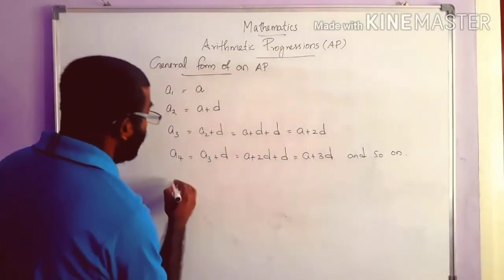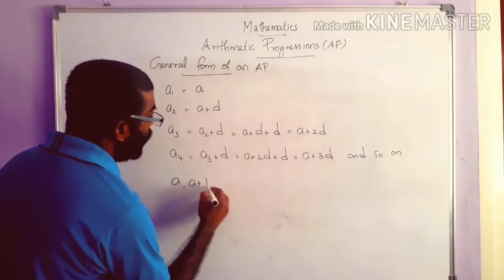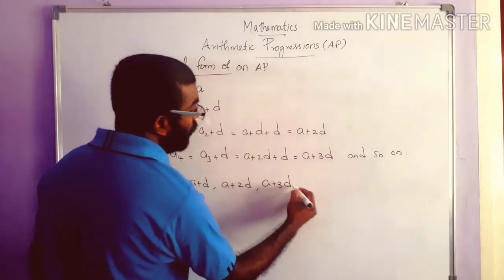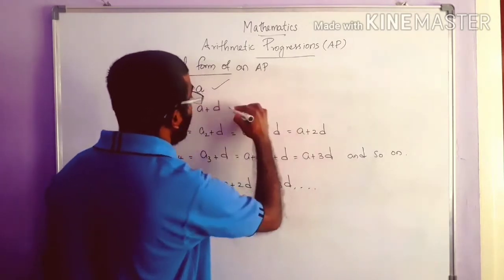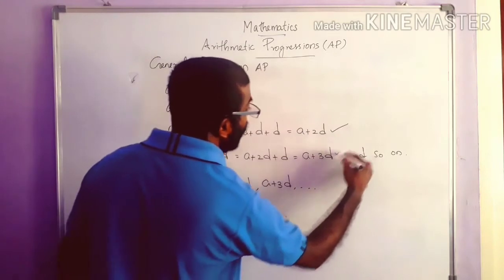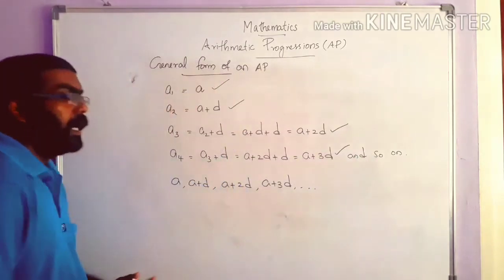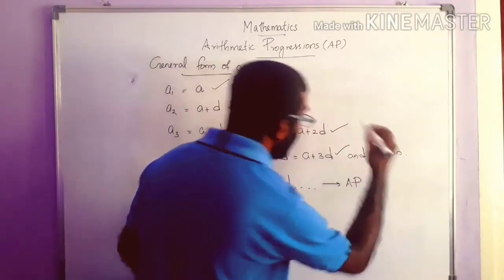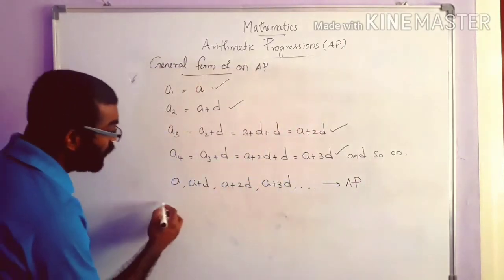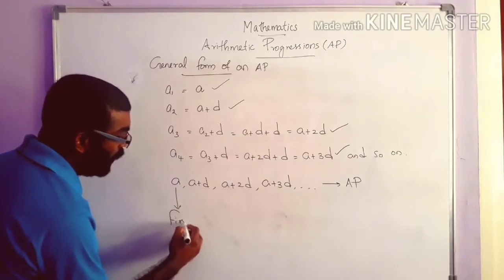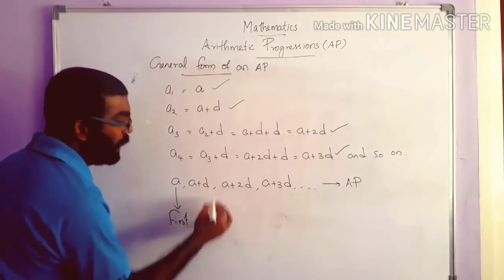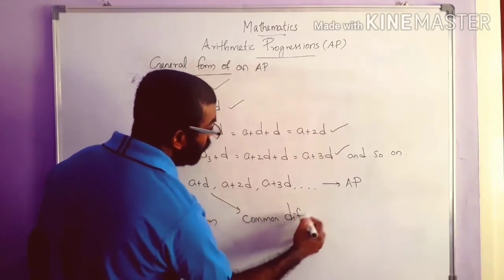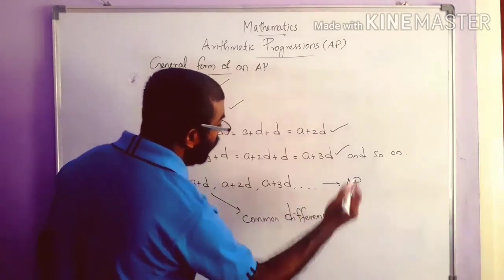You can see that A, A plus D, A plus 2D, A plus 3D, etc. represents an AP with A as the first term and D as the common difference.